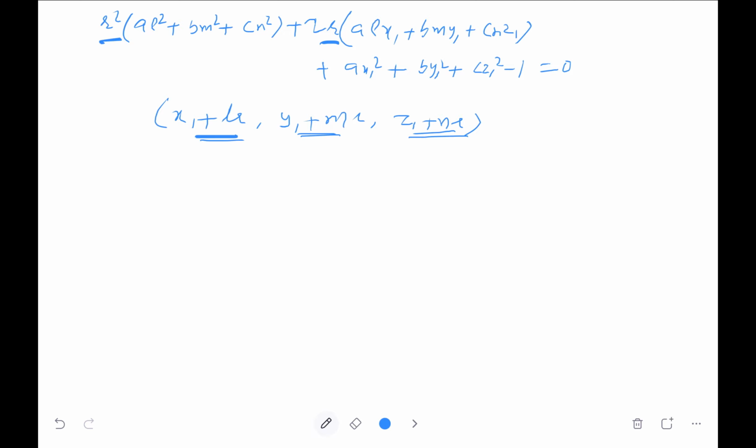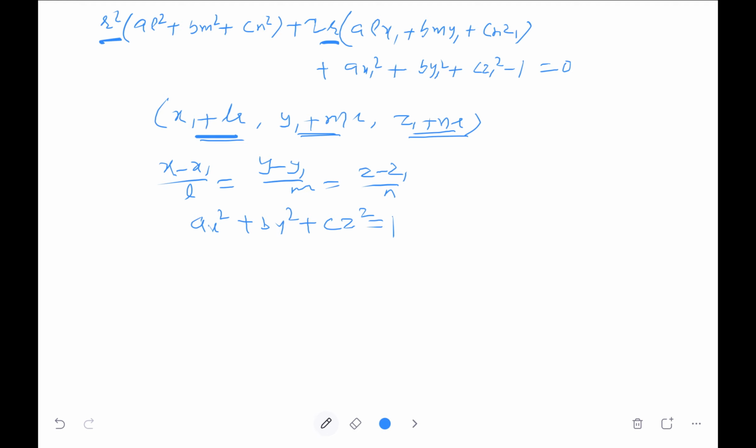Now we want this line, (x minus x1) by l, (y minus y1) by m, (z minus z1) by n, to become tangent to the conicoid ax square plus by square plus cz square is equal to 1.